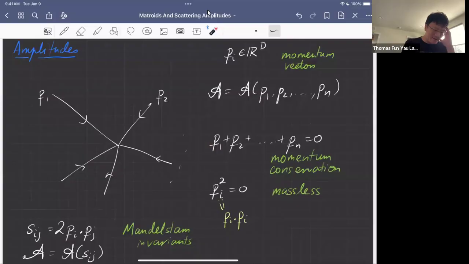To simplify things, we often assume that the vectors are massless. What that means is that with respect to the Lorentz inner product, the dot product of each vector with itself is zero. It won't be important to us that we're doing 3+1; the signature of the inner product won't be important in what I say.